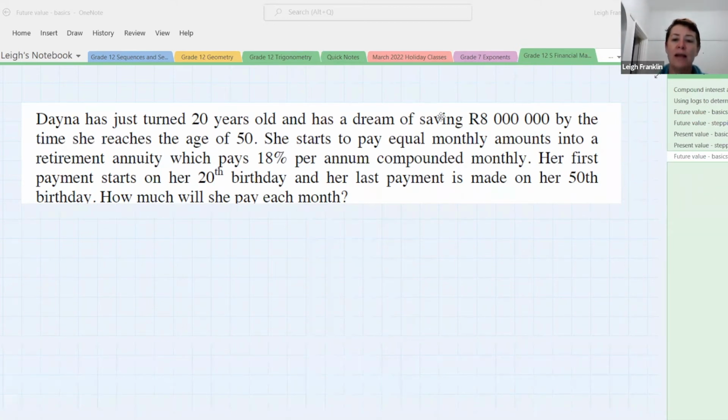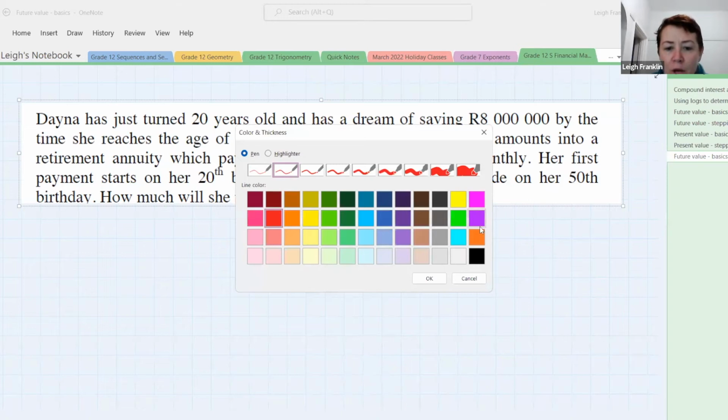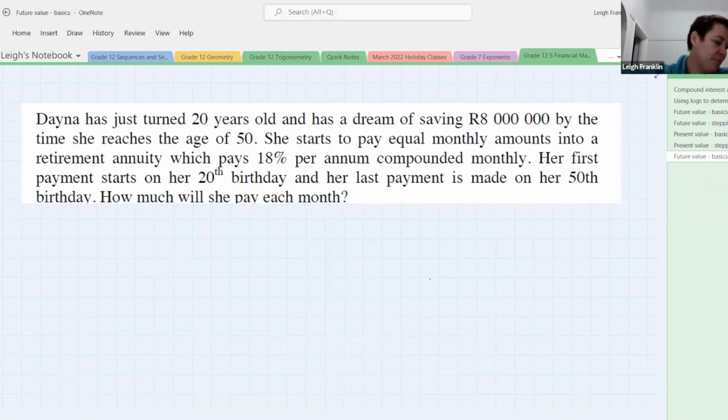So again, we've got to read all the information and decide what formula we're going to use. A way that you can represent this sort of information for yourselves is to use a timeline. So I just want to show you how we would use something like that with respect to a question like this one. On her 20th birthday, that would literally be at T0.